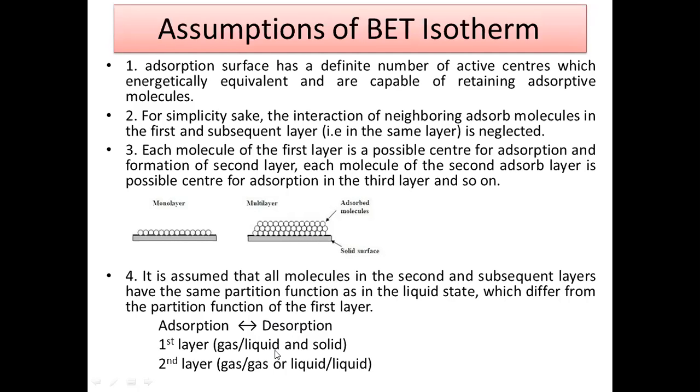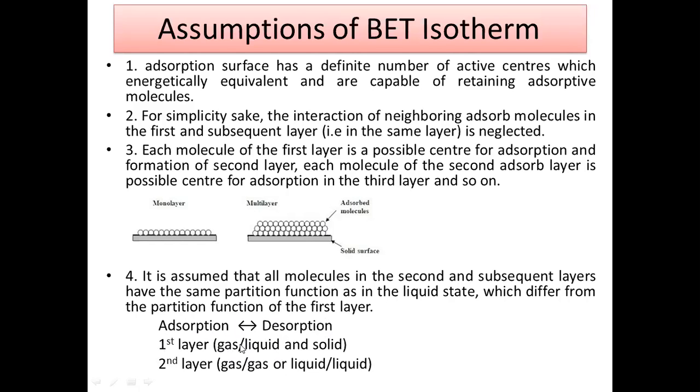And why should it be different? Because this process, adsorption, is very important, and at a certain condition it is going to desorb, adsorb, desorb, and there should be an equilibrium between these two processes. So how is the first layer different from the second layer?